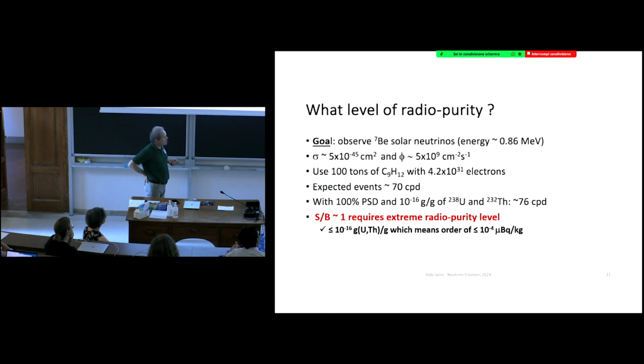So the requirement is a radiopurity equal or better than 10 to the minus 16. This means 10 to the minus 4 microbecquerel per kilogram. It's a very, very low level of radioactivity, which can be only measured with a ton-scale detector. Otherwise, it's impossible.